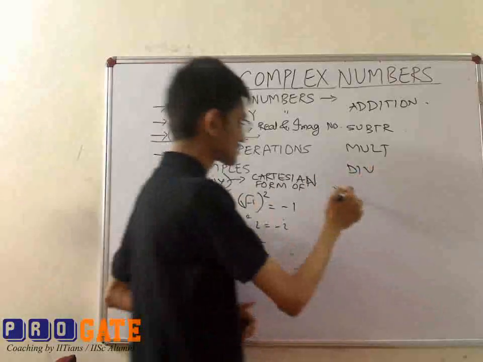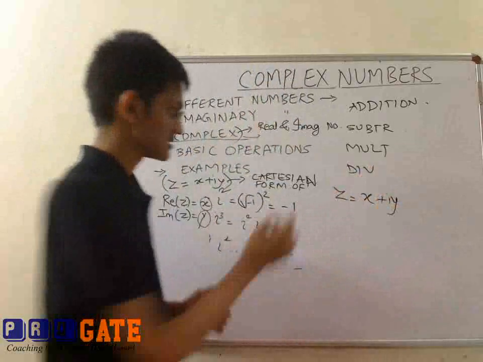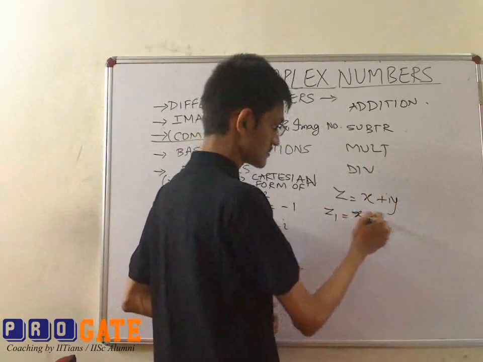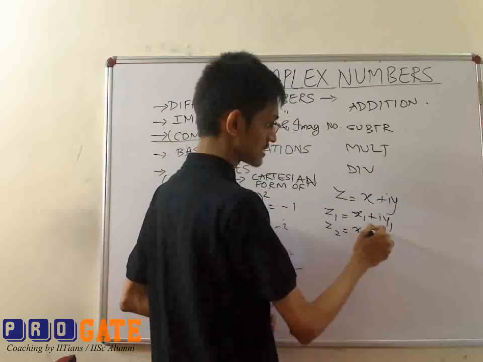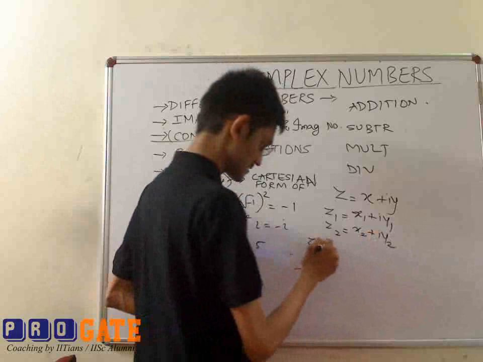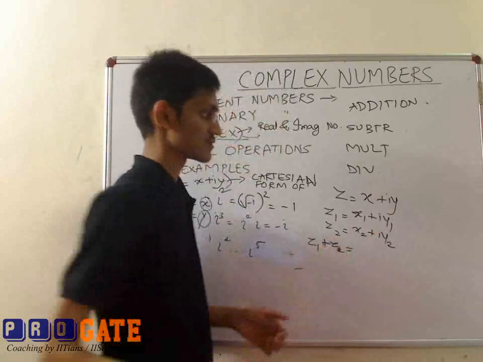Now as you know, z is equal to x plus iy, the Cartesian form of the complex number. So if you have two complex numbers z1, which is equal to x1 plus iy1, and z2, x2 plus iy2, you have to perform addition, z1 plus z2. How do you go about this?